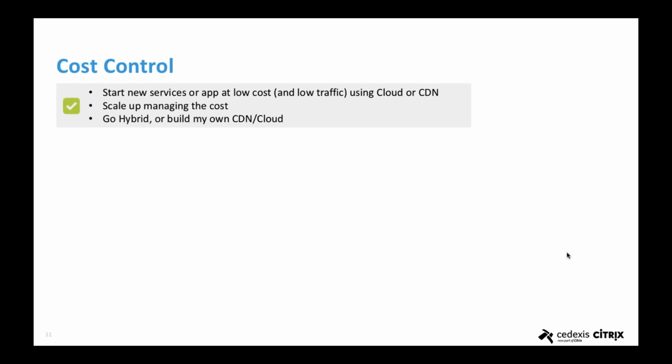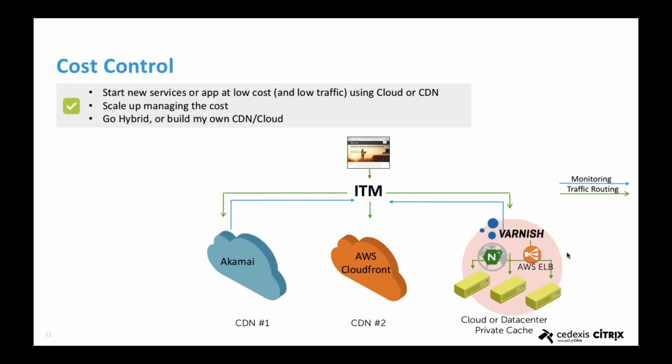That's why we see more and more of this hybrid scenario, where traffic is split between a cloud and a data center, or between a CDN and a private cache, a private data center.